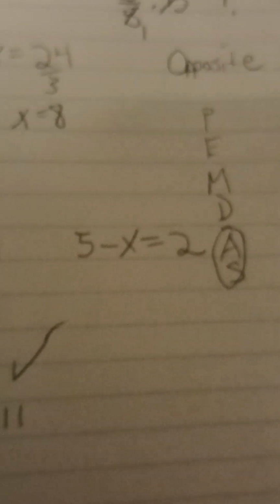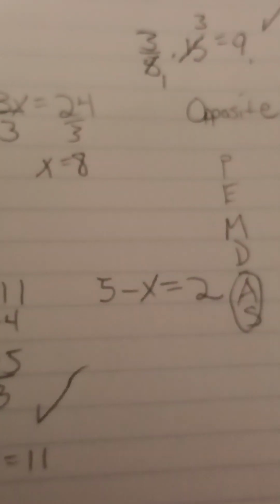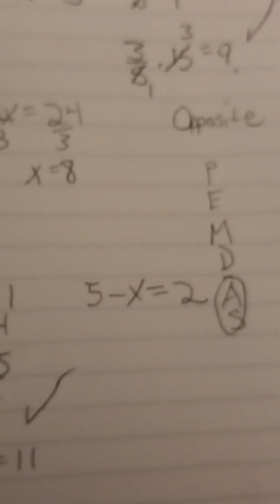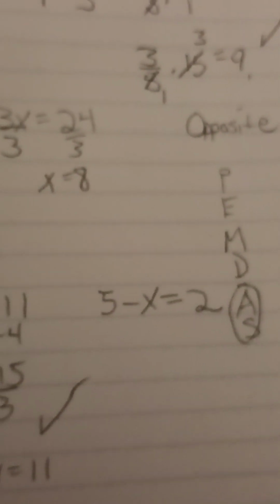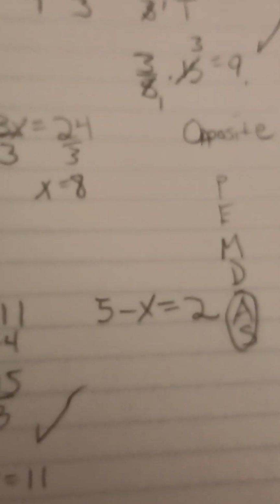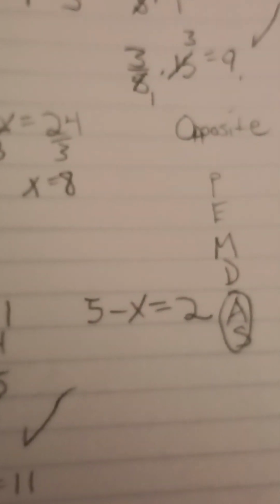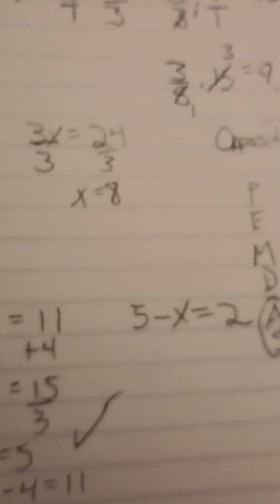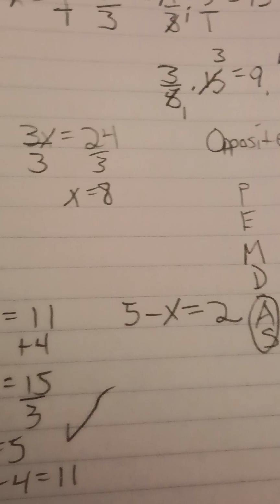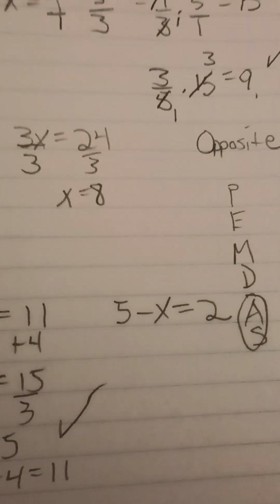And now we have this last example that we're going to look at. 5 minus x equals 2. This looks different, doesn't it? But really, this is the same as negative x plus 5 equals 2. So let's rewrite it. Negative x plus 5 equals 2.